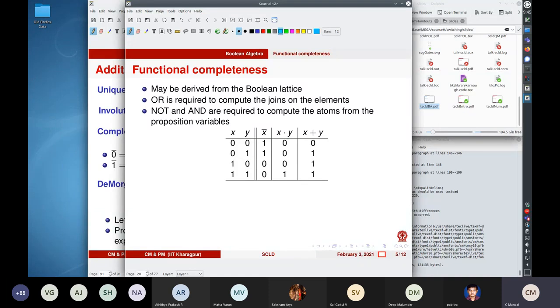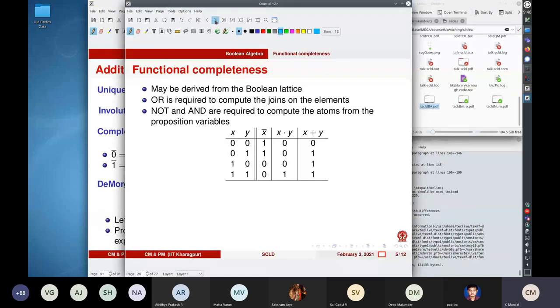So what you can see is that NOT along with AND or OR form a functionally complete set. Using these operations, you are able to represent any element in the Boolean lattice.